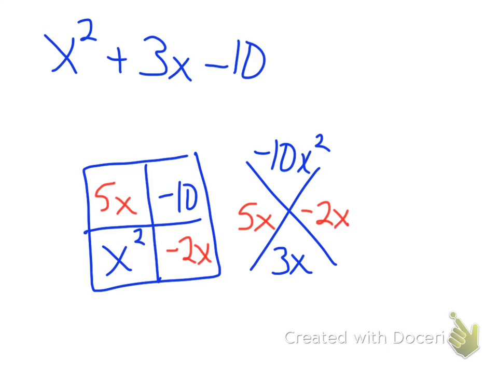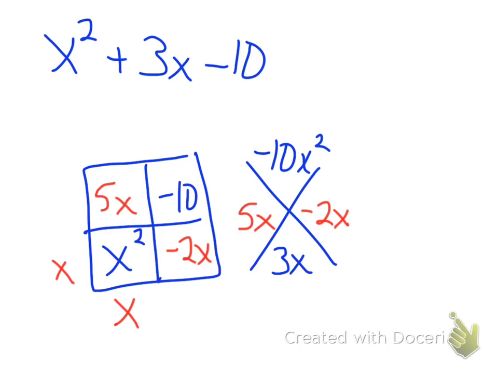Now, again, because my leading coefficient is a 1, my a value here is 1, the values that are going to go right here and here will always be x and x. Those will always be 1x and 1x. There are no other options. So I have an x there, I have an x here.